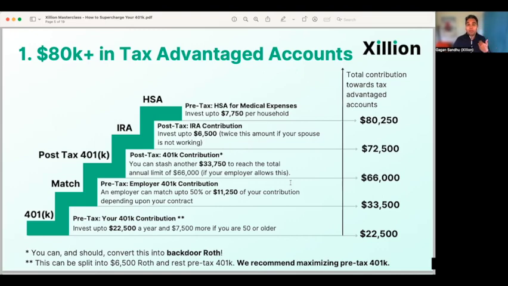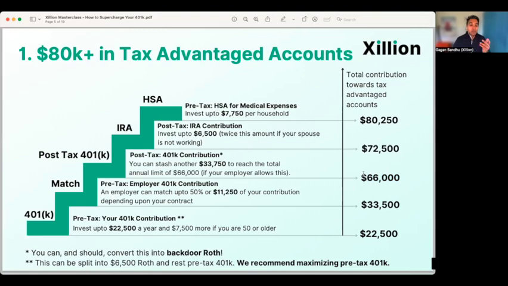I have done that for many, many years, and it's a great way. And Prahlad will show you how you can convert this post-tax into Roth later. If you go by this, you can contribute another $33,750 towards your post-tax 401k. Now that brings the total to $66,000, the federally allowed maximum 401k amount you can put in.